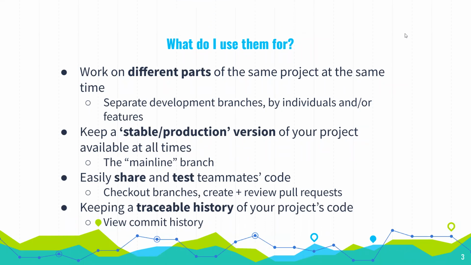All right. And then sharing and testing code is the biggest advantage of Git. So being able to check out someone's branch and run it on your own laptop or your own computer, seeing how the code works on your own environment, that's the biggest advantage.